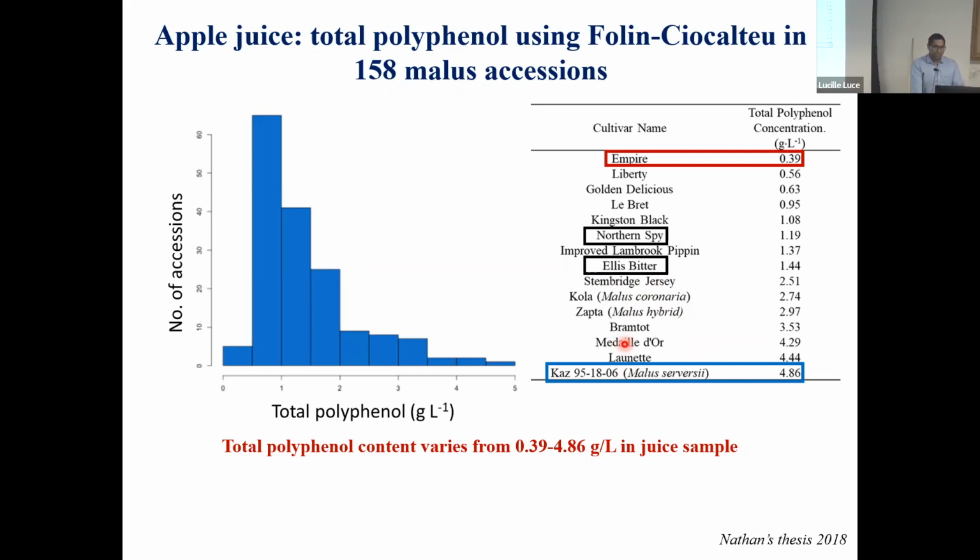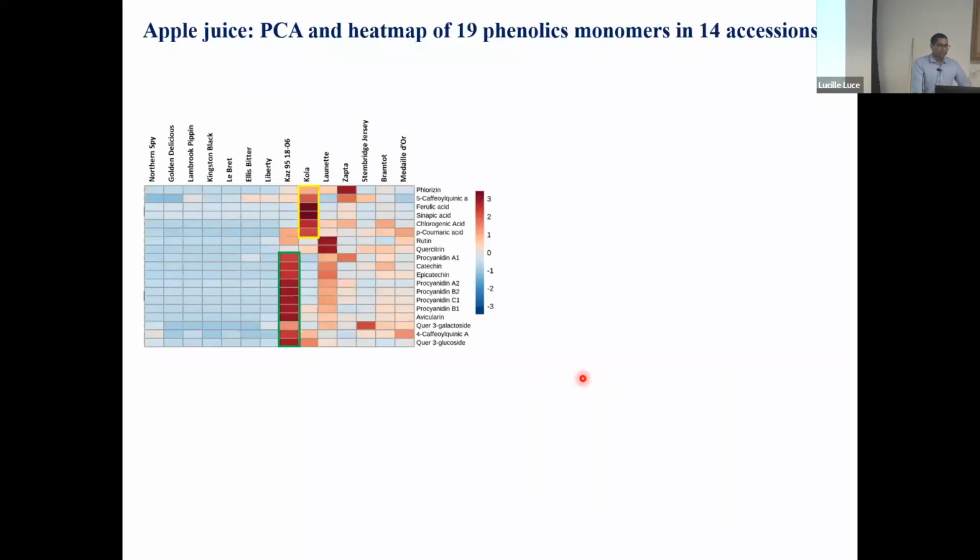So he did the total phenolics analysis, and I optimized a method to analyze the phenolic monomers using HPLC. Using HPLC, we identified around 19 phenolic monomers in these 14 cultivars.